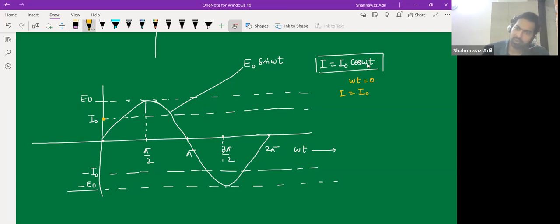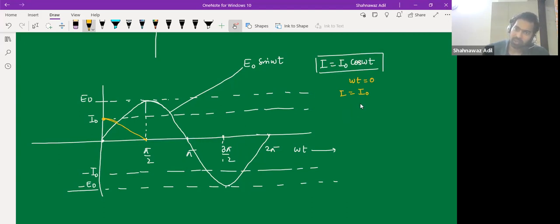At omega t equal to pi by 2, 90, cos 90 is 0. So this will reach here. This is the 0 point. And at pi value, cos is minus 1.